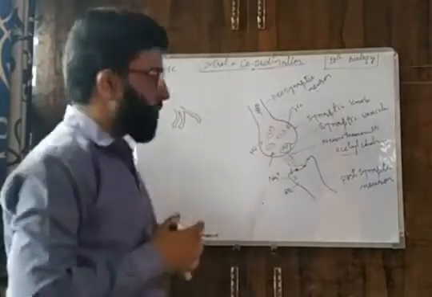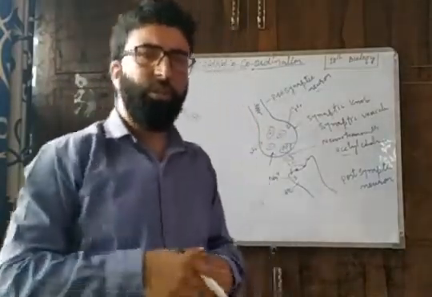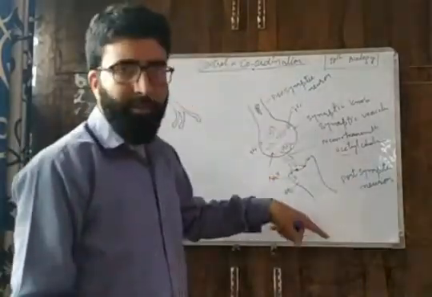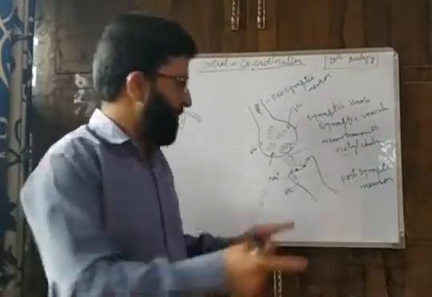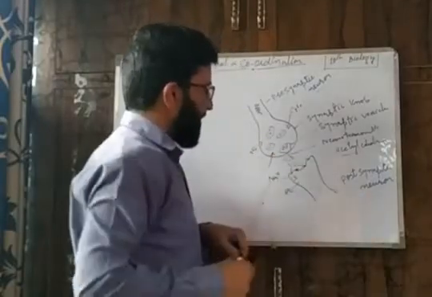You should keep in mind that this nerve impulse always flows from axon to dendrites. It will never pass from dendrite to axon.